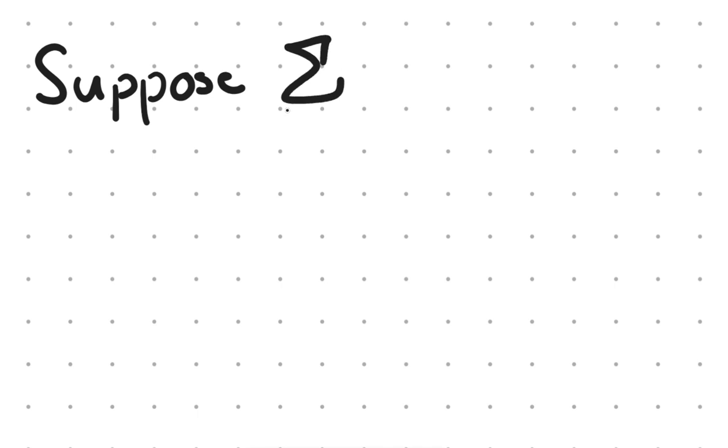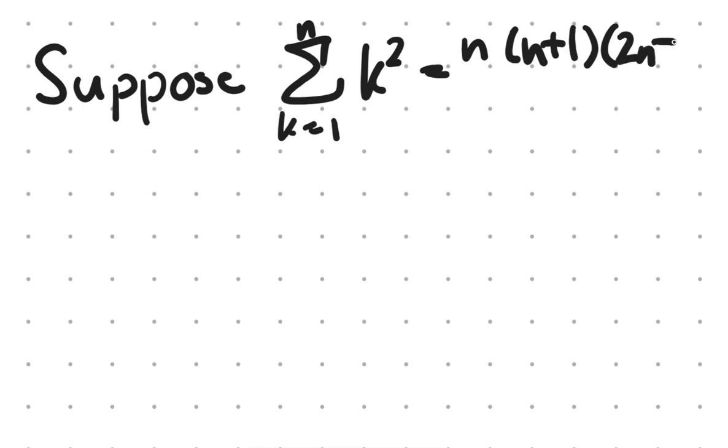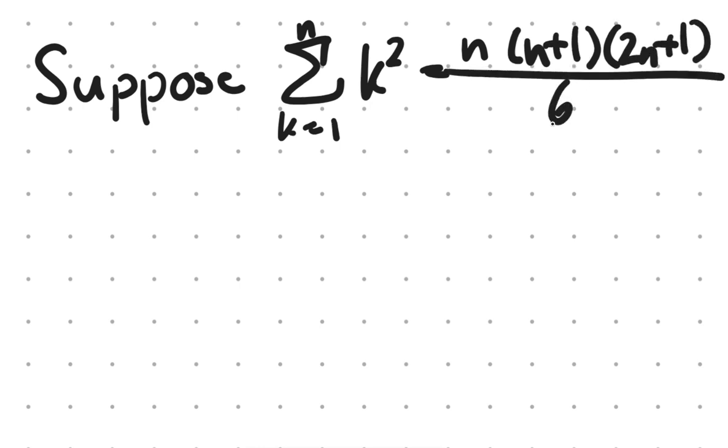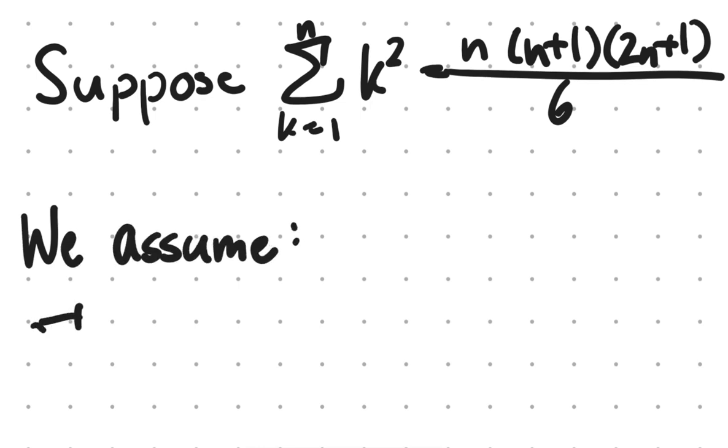Okay, so let's suppose that the sum where k equals 1 to n of k squared is equal to n times (n plus 1) times (2n plus 1) divided by 6, and we assume that it works for n plus 1.